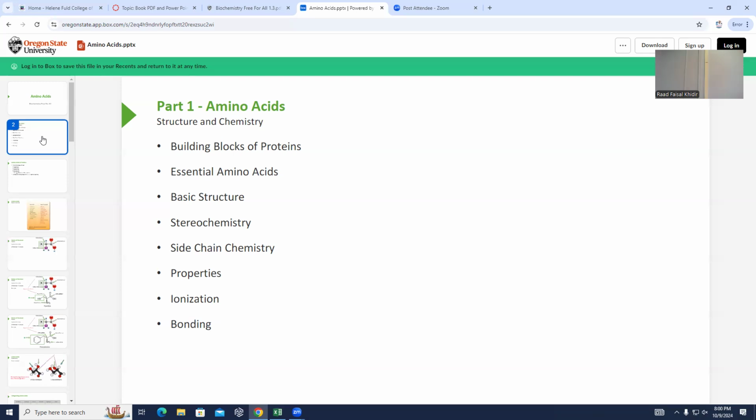So before we talk about hemoglobin, let's see how we get hemoglobin. So we have DNA. Where is the DNA? It's in the nucleus.